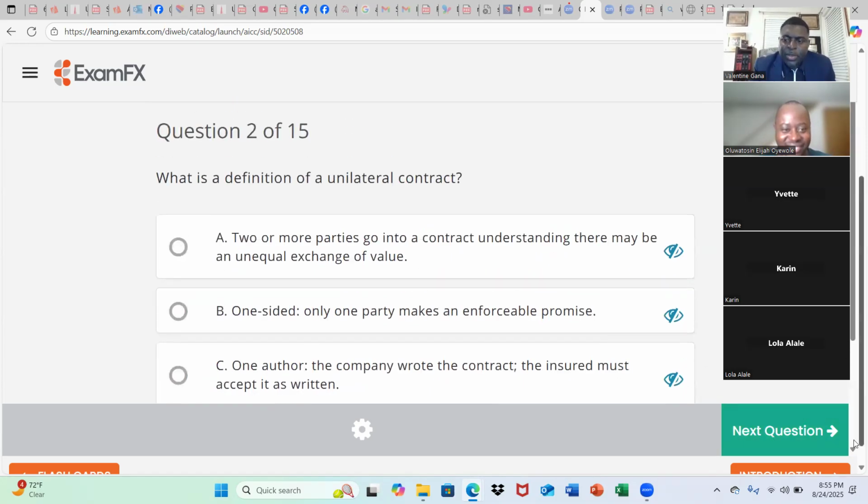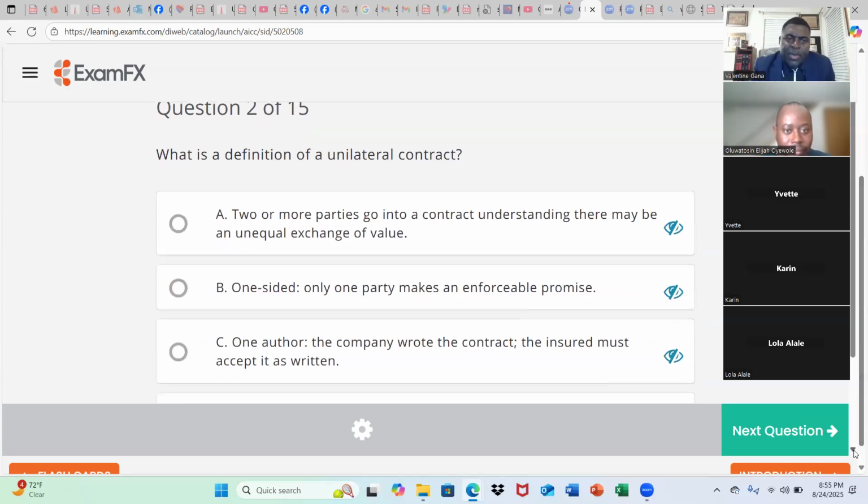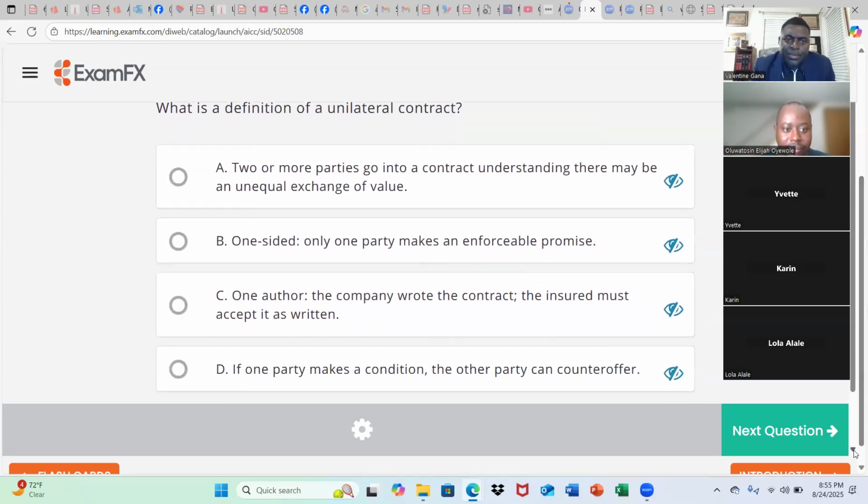Let's go to the next question here. Yvette, are you there? And if you are there, can you read this one? What is the definition of a unilateral contract? A, 2 or more parties go into contract understanding there may be an unequal exchange of value.